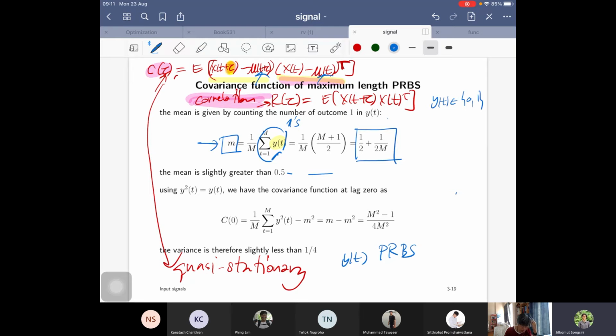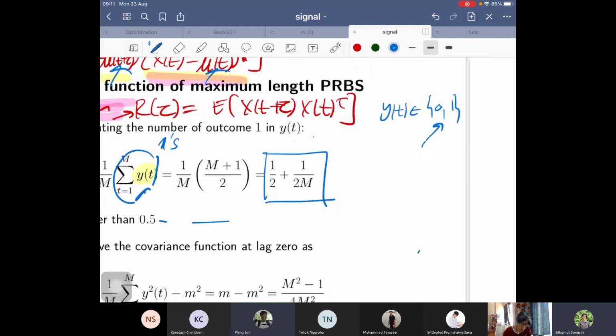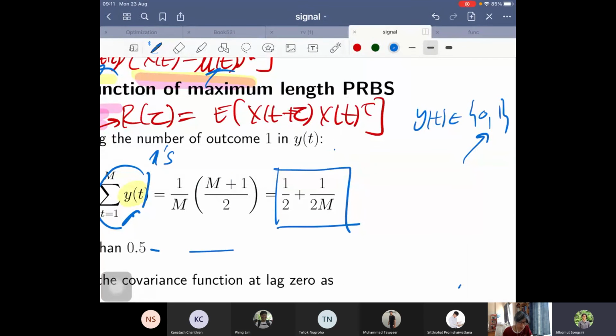Okay, if you have a binary sequence like 0 and 1, like a Bernoulli random variable, what would be the mean? No, what I'm asking is this: this is the mean of the PRBS output, but I'm going to compare it with a binary random variable.